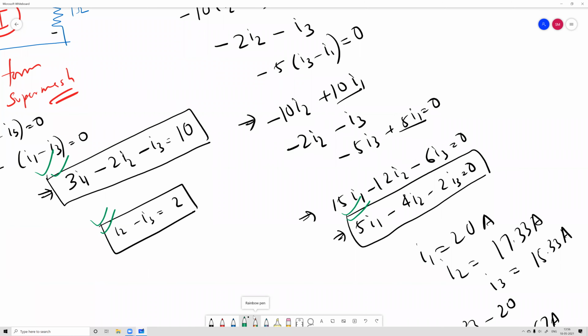Then I think there is an easy way of solving such equations. You will get the answer very easily. Okay, just wait.